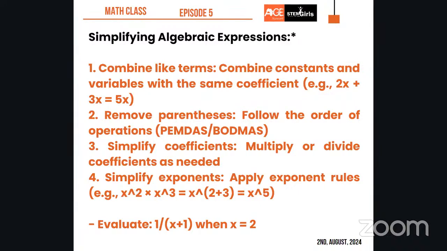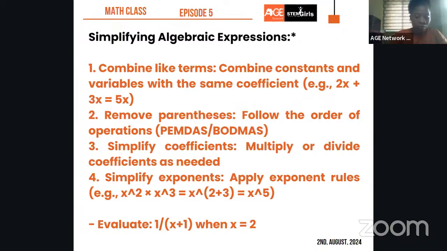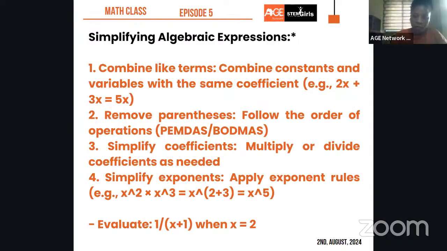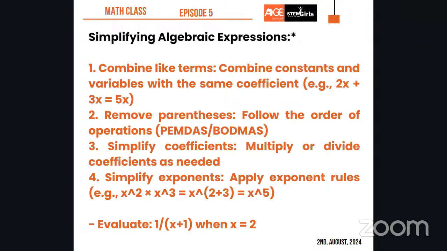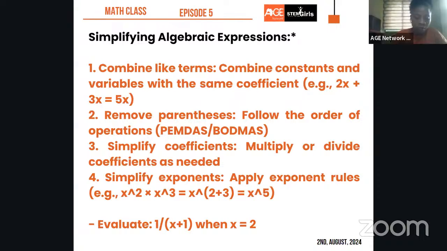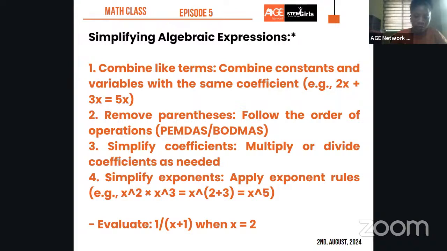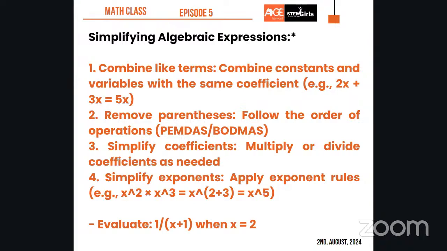So look at this algebraic expression: x squared multiplied by x cubed. You agree with me that by borrowing the idea from indices, you can solve this. One of the rules of indices is that when the same variable is multiplied and has different powers, you add those powers.